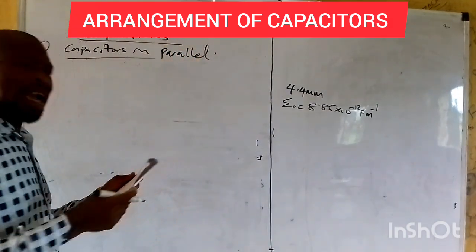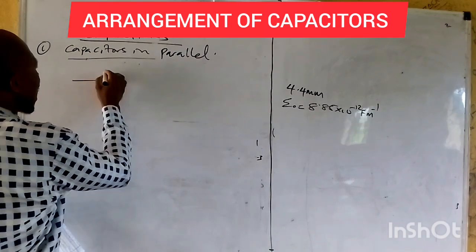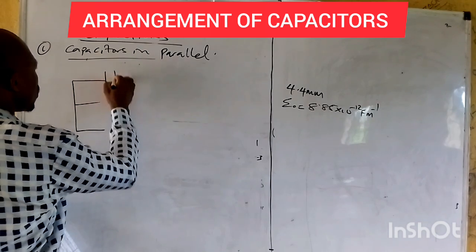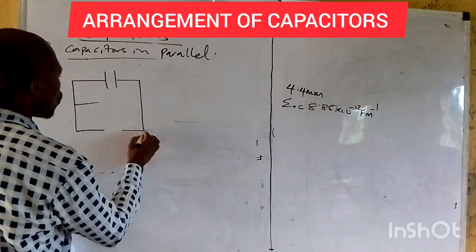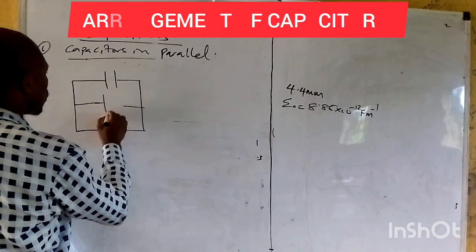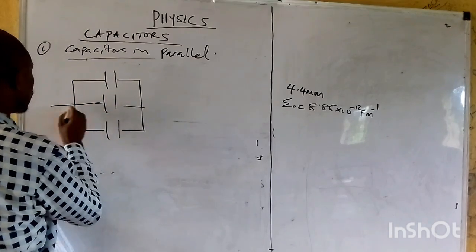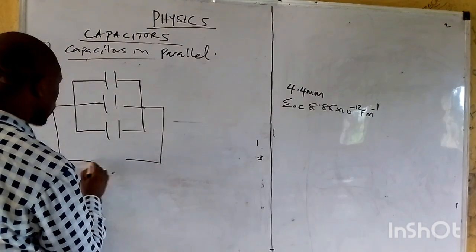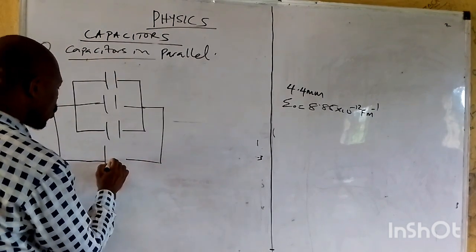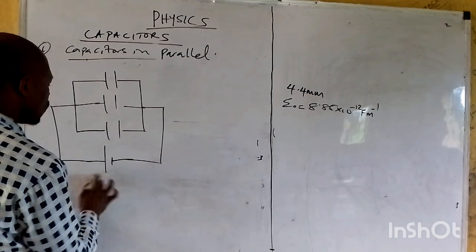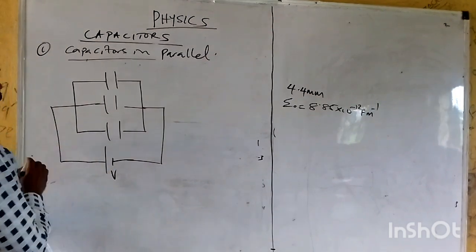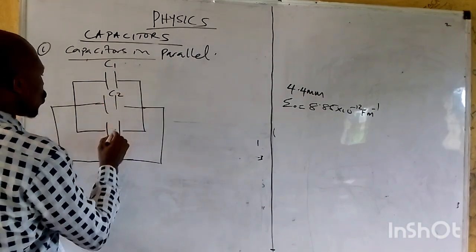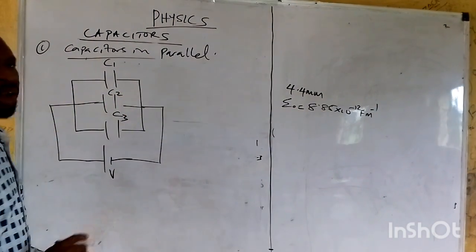Now, when capacitors are arranged in parallel, we can have an arrangement like this. Maybe, let's say, we have this, and this is our potential difference, V. If this is our V, this is, let's say, C1 here, C2 here, and this one is C3.